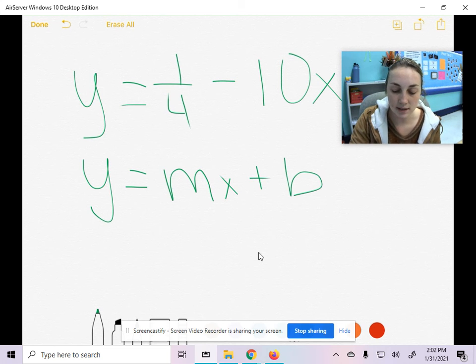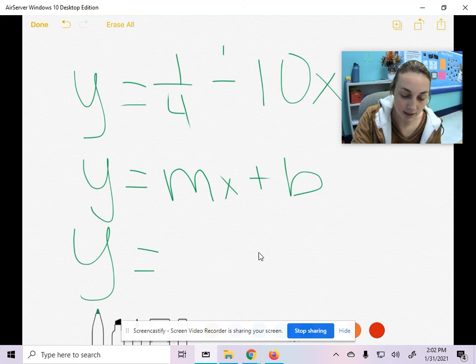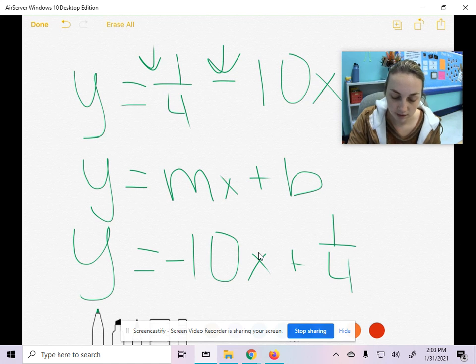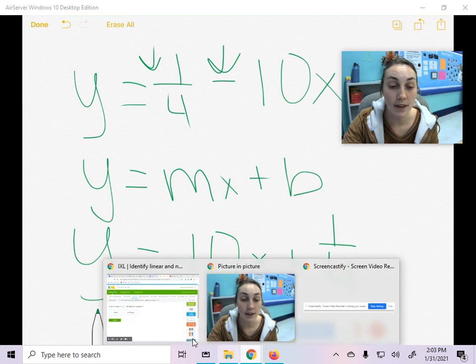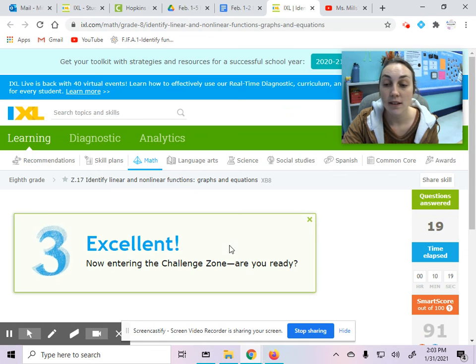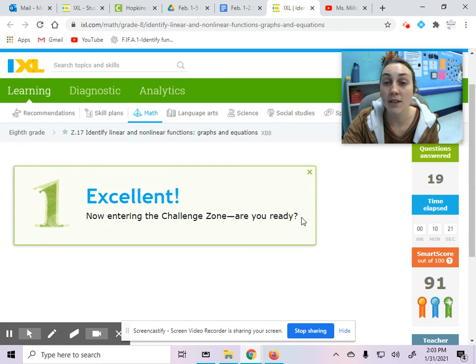So when you see this, the slope always needs to be in the front with the x. So 10x is the slope, so we need to put that to the front. But we got to bring this negative with it. So this is going to be negative 10x plus 1/4. This does require the y equals mx plus b equation format. Therefore, it is linear. And I got to a 90%, and that's all you have to do.